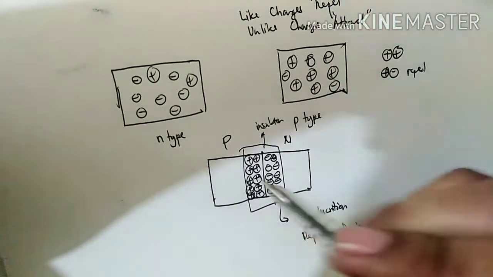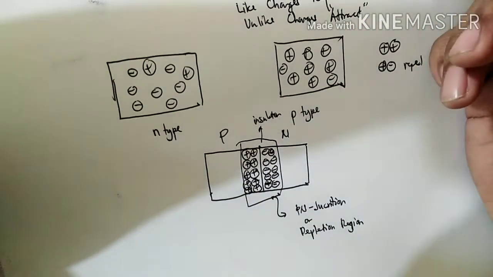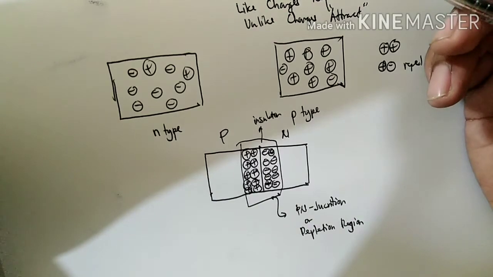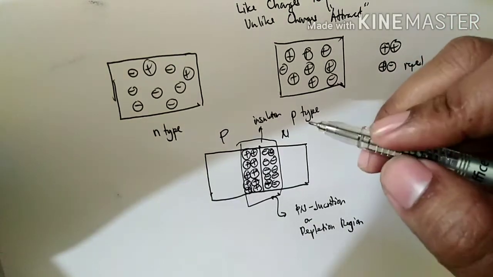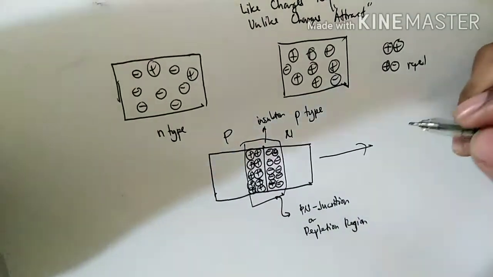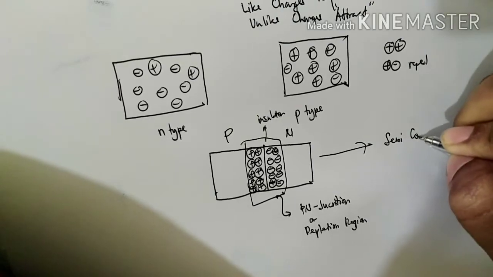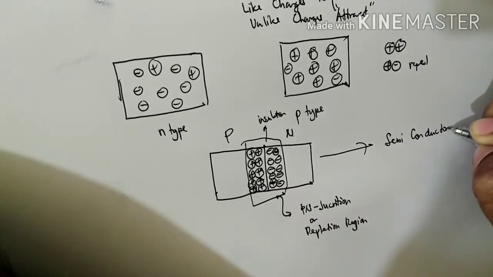It separates the P-type material from the N-type material, forming a device that is now called a semiconductor diode.